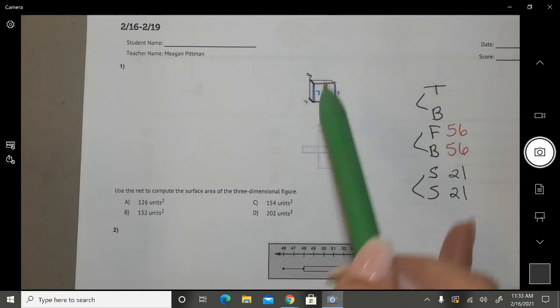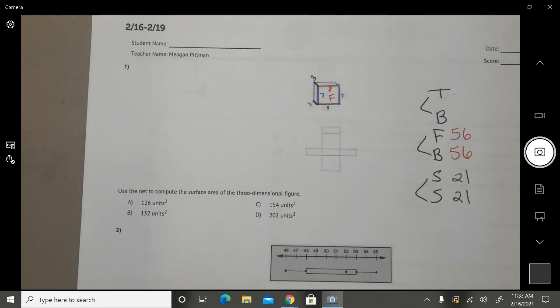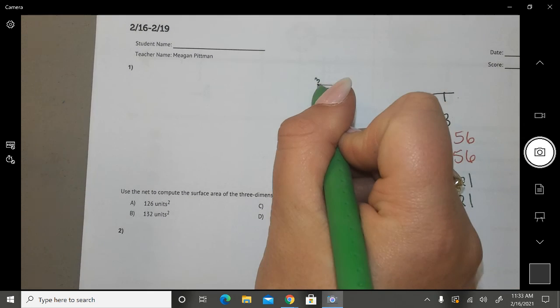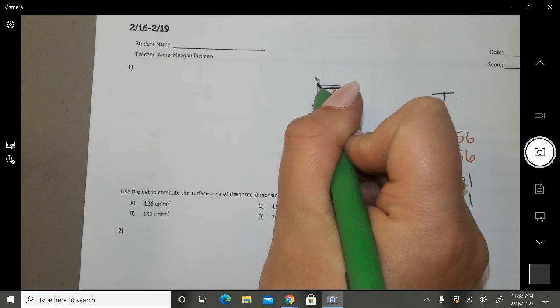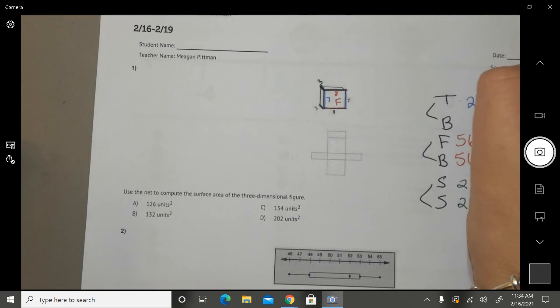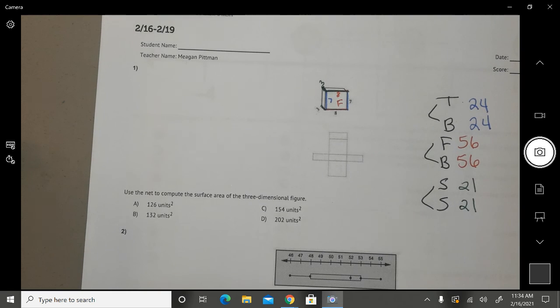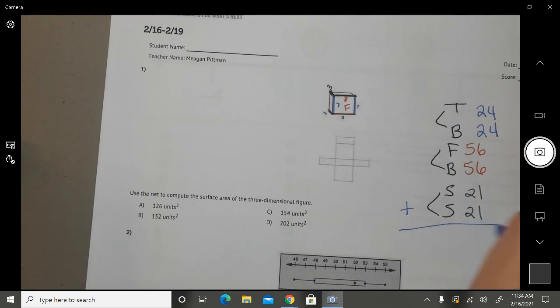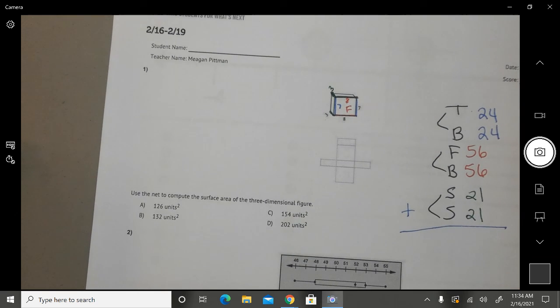So then how am I going to find the top right here? What am I going to multiply? 8. We've got this side and this side. 3 times 8, which is 24. So if the top is 24, guess what the bottom is? 24. And then what do we have to do? You add them all up. So when you add them all up, what do you get?